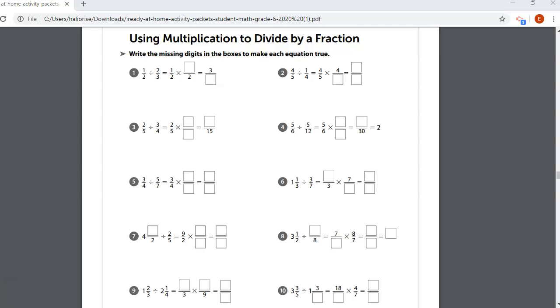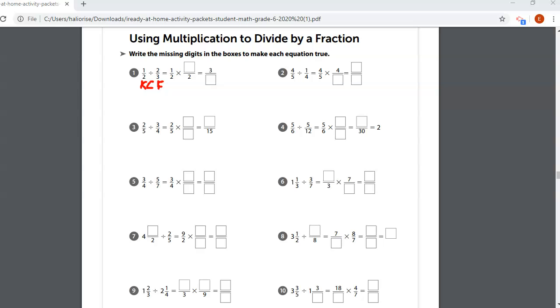Okay, so we are going to go back to the lovely 3 letters we use for this. Keep, change, flip. Not to be confused with KFC, like some of my kids were when we went over this, right?